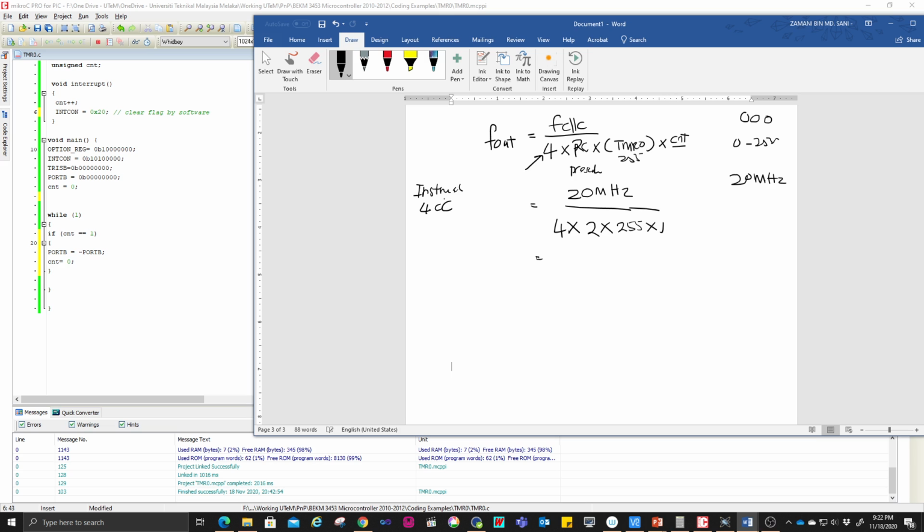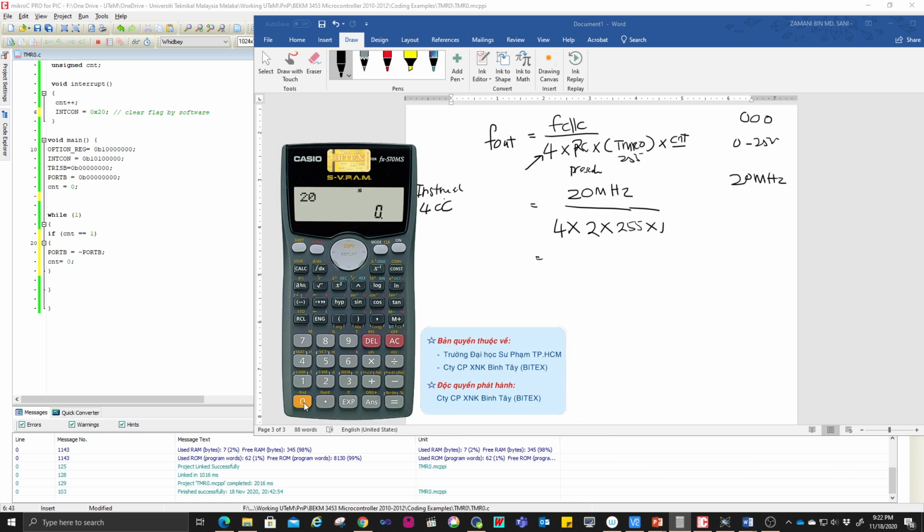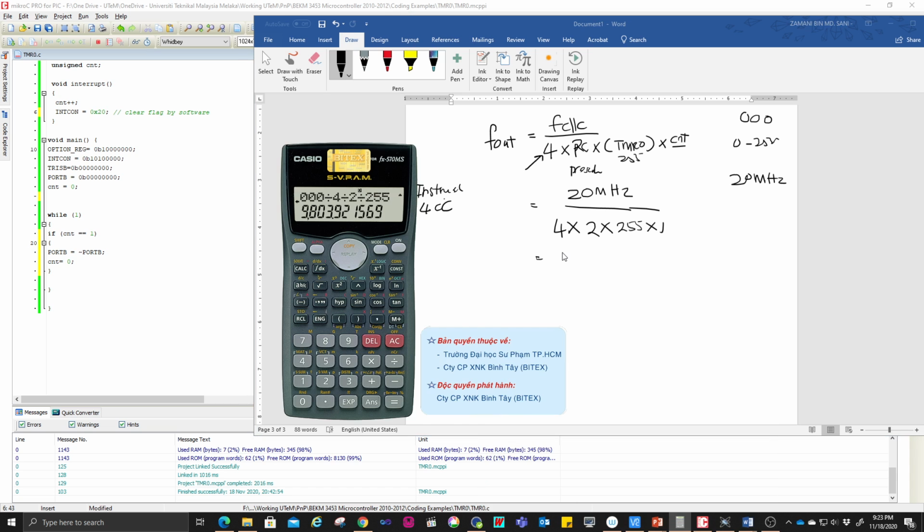So let's look at the calculator. 20,000 divide by 4, divide by 2, divide by 255 and divide by 1. You can get that this is the F out, the frequency out, which is 9803.92.